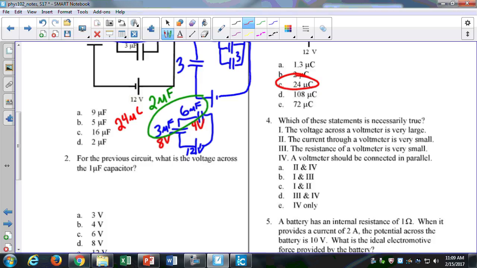So the charge on this 2 microfarad capacitor is 24. But capacitors in series have the same charge. So this 24 microcoulombs is also here, and it's here. Which we can see, right? Because 8 times 3 is 24. 6 times 4 is 24. So we have 24 microcoulombs on each of those. And then on the 6 microfarad capacitor, I have to have 4 volts. And then step back from there. All right?